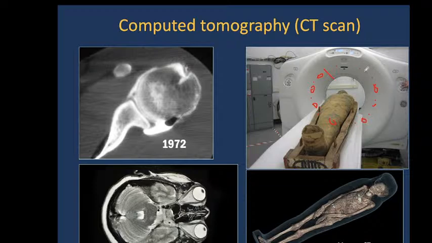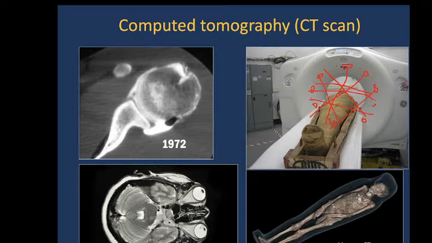When doctors start a CT scan, each source sends X-rays through the body, and they come to the receivers, and then the computer analyzes these signals and combines them into the picture we see here.